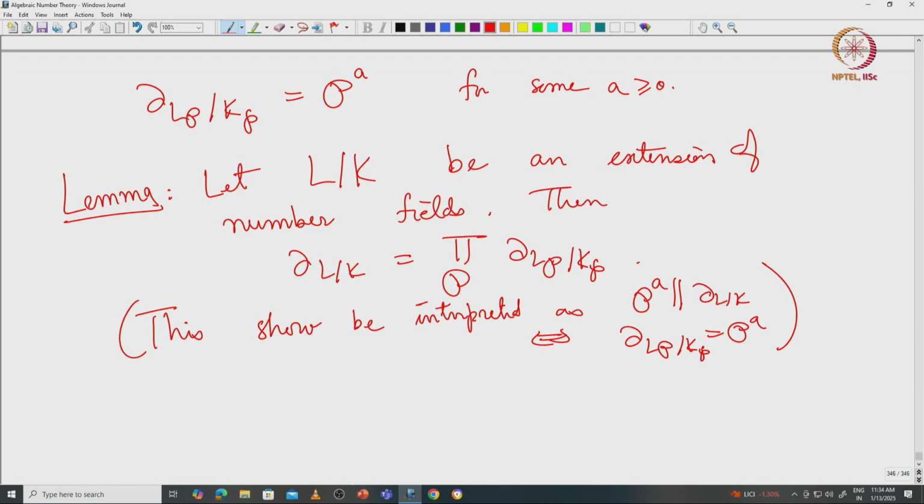But the way this product formula is written is a very nice way of remembering that the global different is the product of the local differents. But this should be taken to understand what it means.